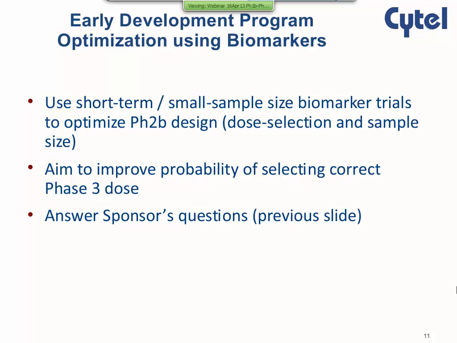The aim is to optimize that design with regard to selection of the doses to include in that phase 2B trial and optimize its sample size. The aim is to improve the probability of selecting the correct dose for phase 3, and in particular to answer the sponsor's questions, which we posed at the beginning of this presentation.